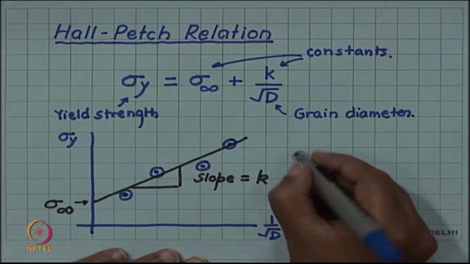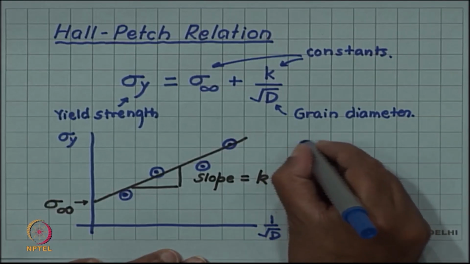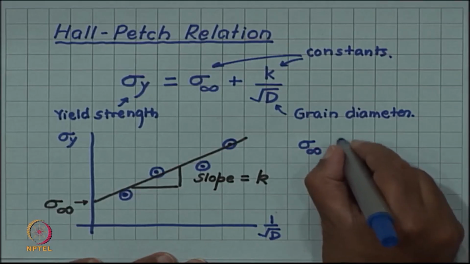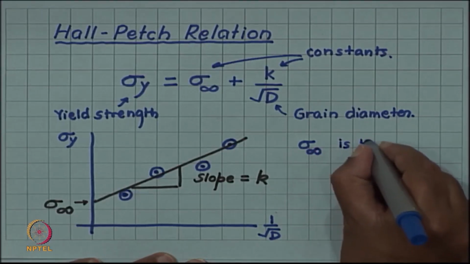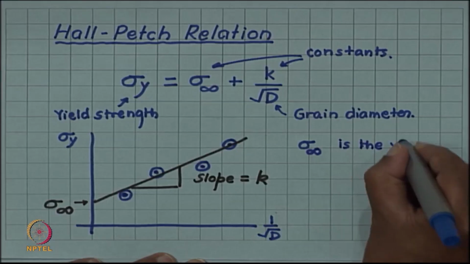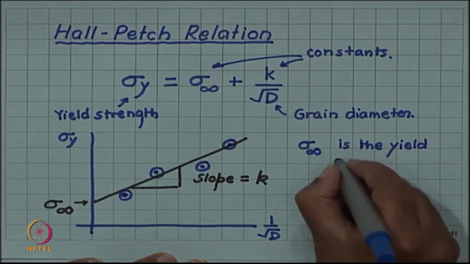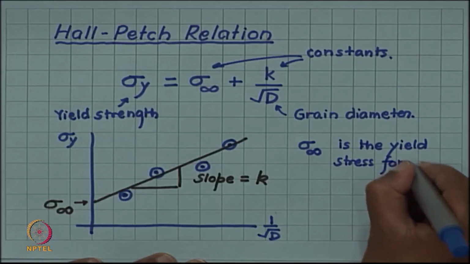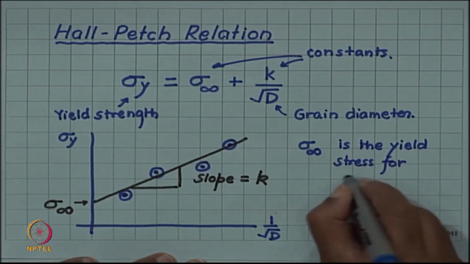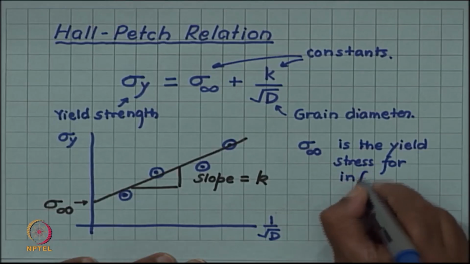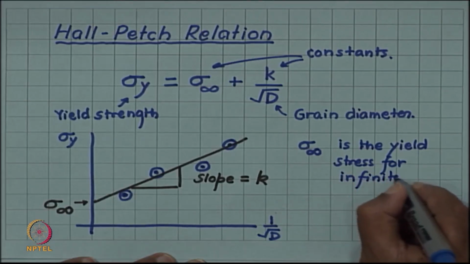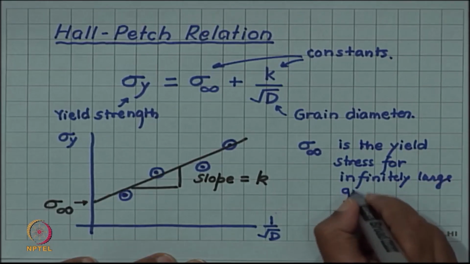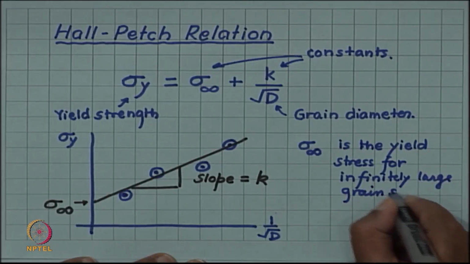So, sigma infinity can be understood as the yield stress for infinitely large grain size.